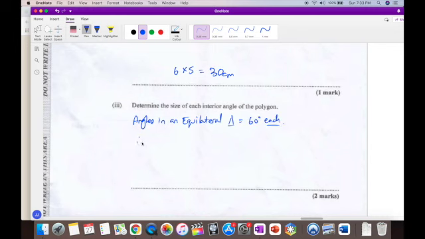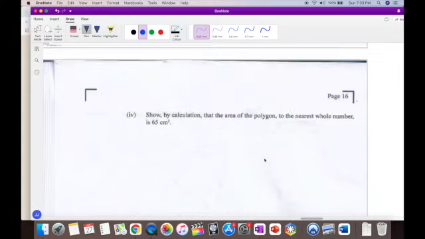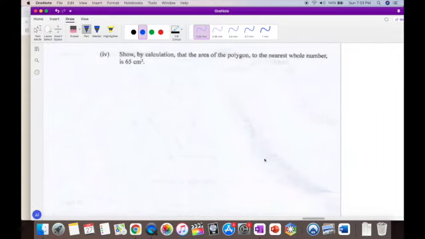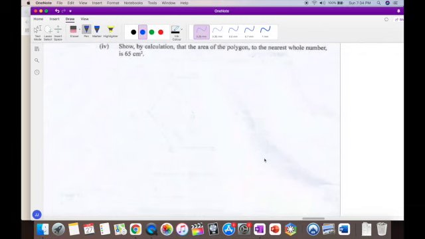Right? So therefore, at F, 60 plus 60 gives us 120 degrees. So each interior angle equals 120 degrees. Nice.